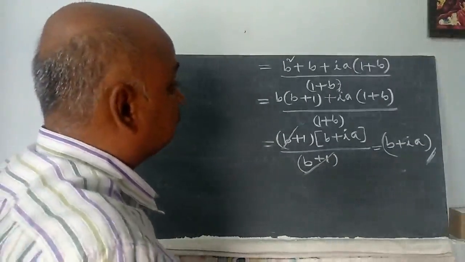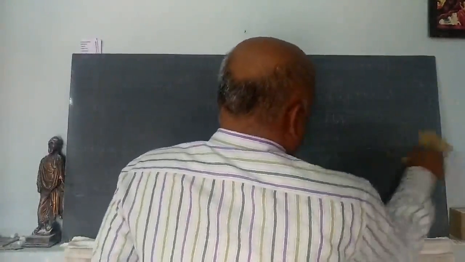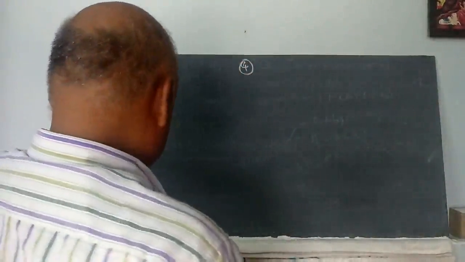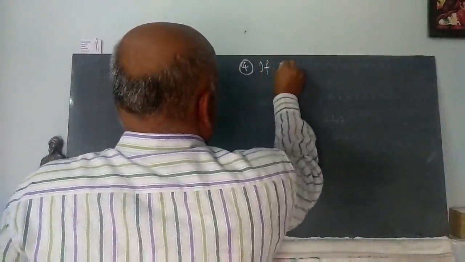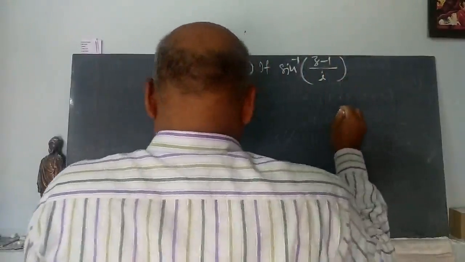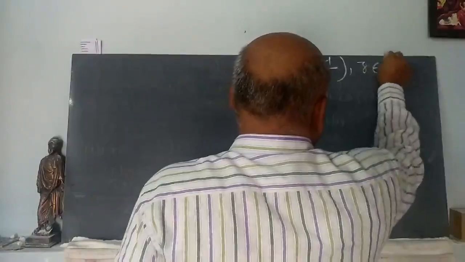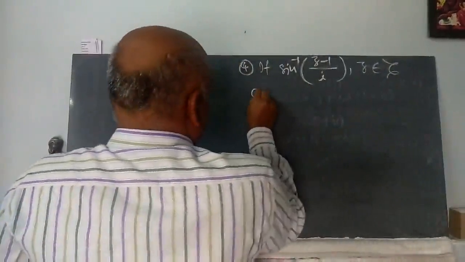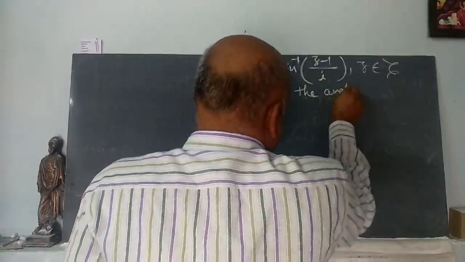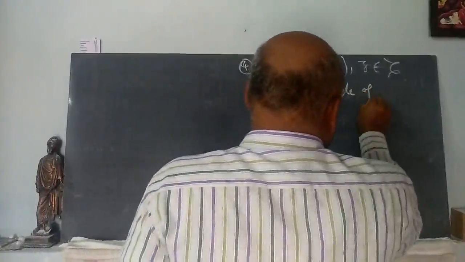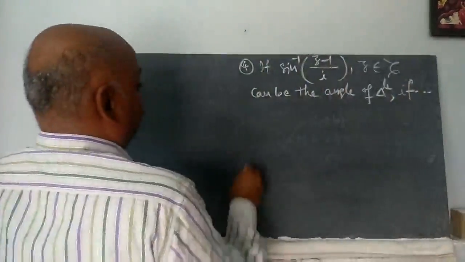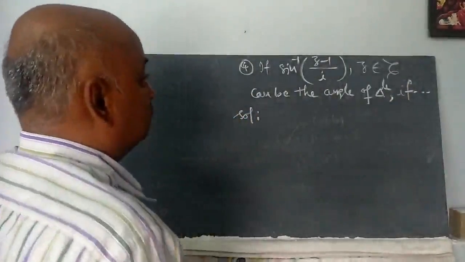Fourth problem. If sine inverse of (z minus 1 by i), where z belongs to the set of complex numbers, can be the angle of a triangle, if... Solution.